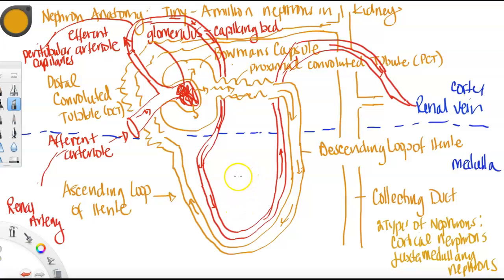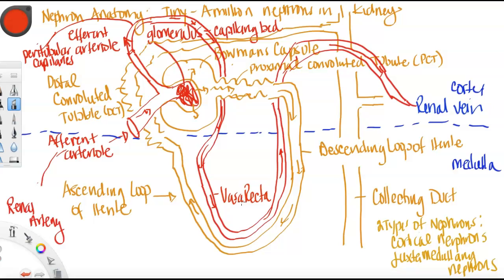In those juxtamedullary nephrons with the long loops of Henle, the peritubular capillaries have a special name, and they're called the vasa recta. So the vasa recta capillaries are the capillaries that wrap around those long loops of Henle in the juxtamedullary nephrons.